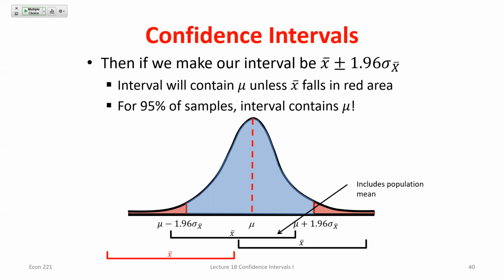But if I'm only able to take one sample, and then I build my confidence interval around that, I know that there's a 95% chance that I ended up with a sample mean whose confidence interval will include the true population mean. And then there's a 5% chance that it won't. So that's why when we build these confidence intervals, we can say things like, with 95% certainty.